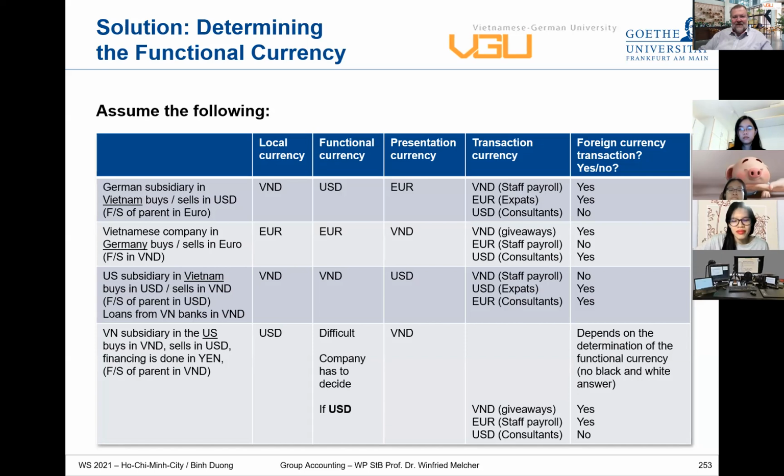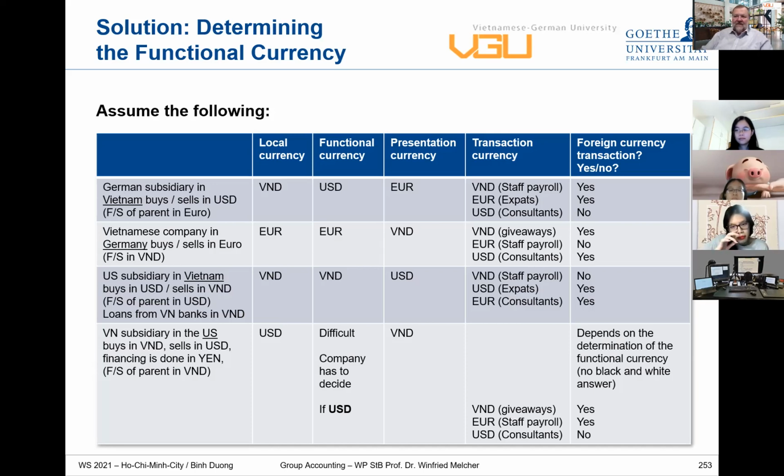You just look out of the window and see in what currency people are paying when they buy something. So that is easy. The next thing is the presentation currency. That is also easy. These are determined by the group accounts. So in which currency the group accounts will be presented, that is the presentation currency.